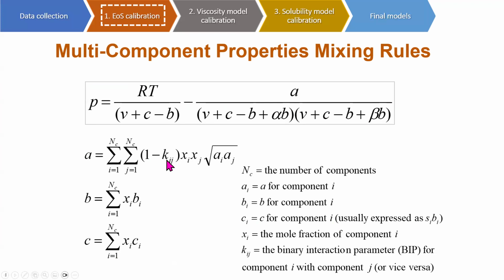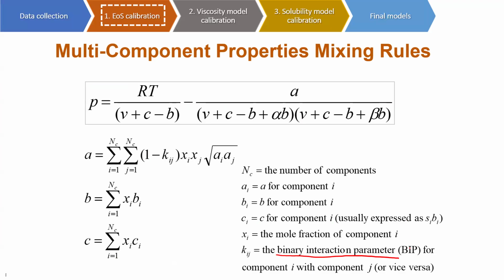This parameter is called the binary interaction parameter. So the binary interaction parameter will show up when you combine and try to reproduce mixture properties. This parameter is called BIP.